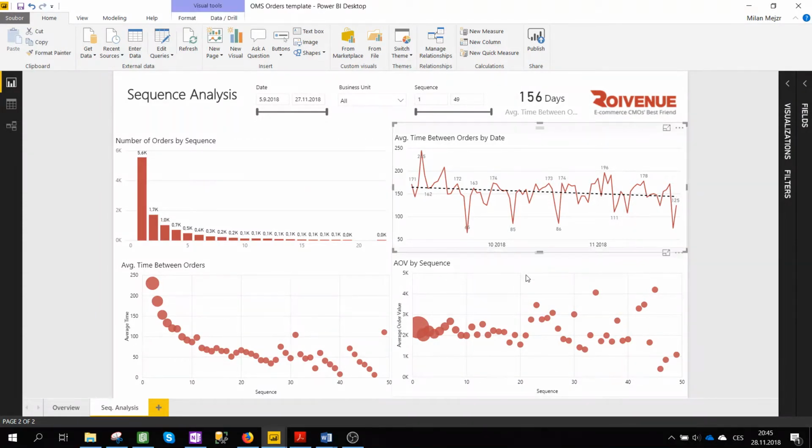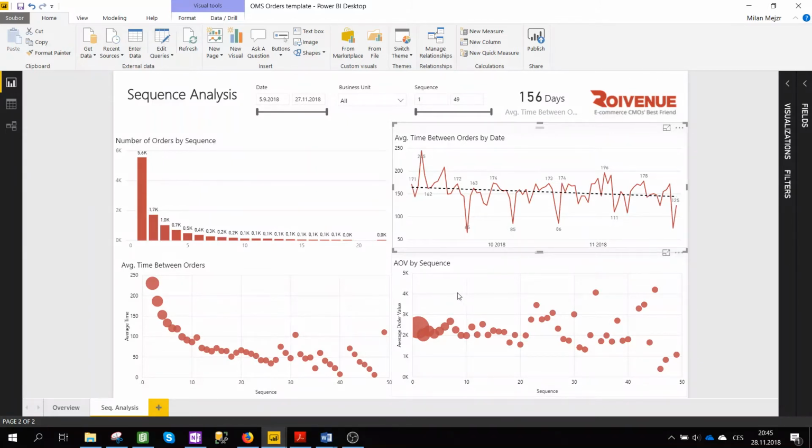The last chart here is the average order value by sequence. Again, on the x-axis we have sequence, and here we have average order value. So when we take a look at this, we see that the trend is basically very similar.